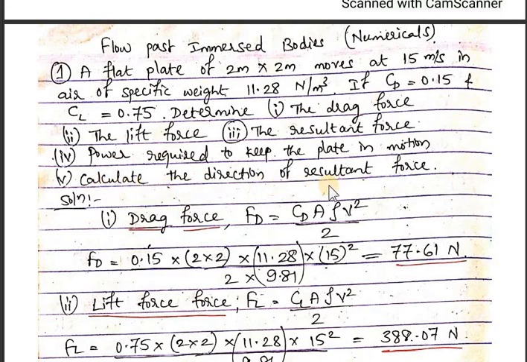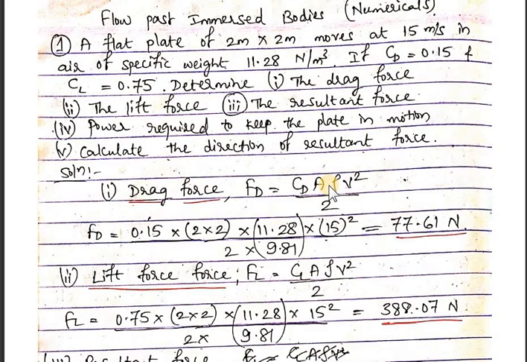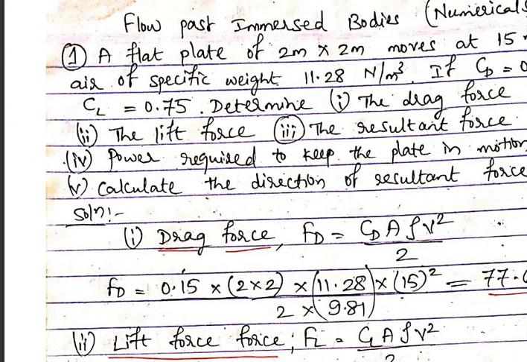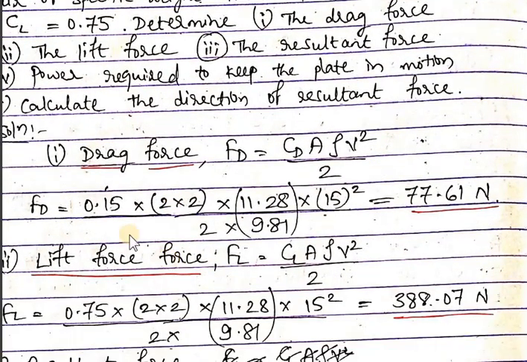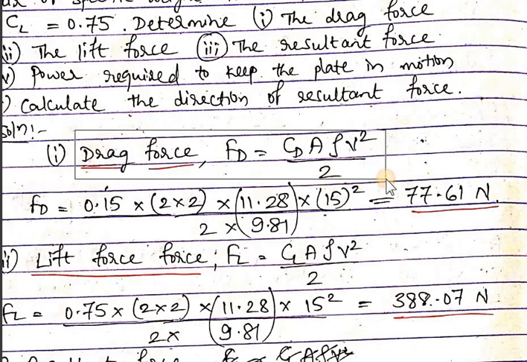So all the things we have discussed in theory, in the same fashion, in the same process, they are asking the questions. Now in the solution you can observe I have not written the given data, as it is already given in the question. So first, coming to the drag force equation, we already know that it is CD A rho V square by 2, or U square by 2.